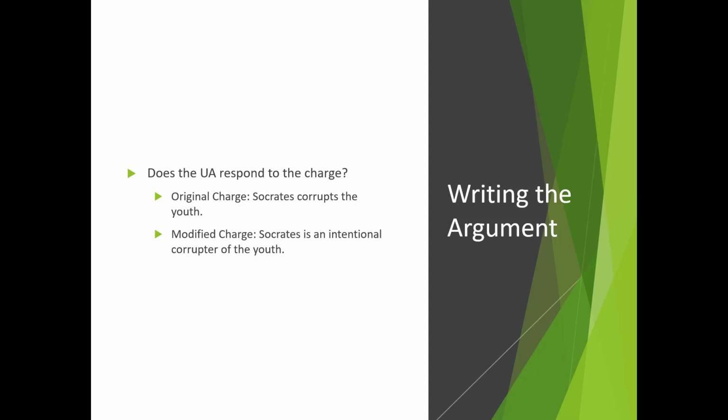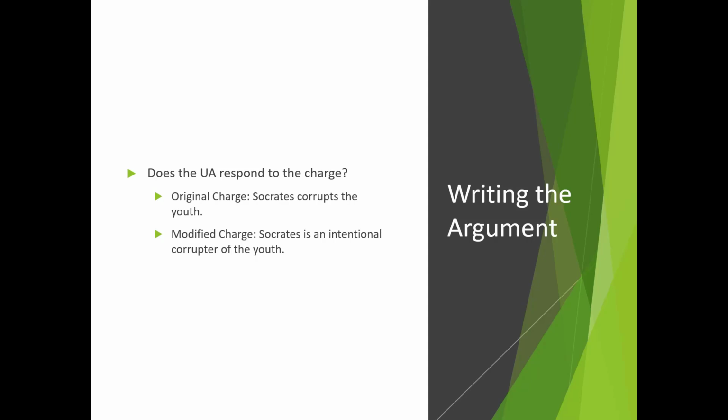So if you establish that the unintentional argument was a good argument, you would say, having shown that, this shows that Socrates refutes the modified charge, that he did not intentionally corrupt the youth, because either he didn't corrupt them or it was unintentional. Now, if you hold that the argument failed, you would say, given the argument has failed, it cannot support its conclusion, therefore he did not refute the charge.